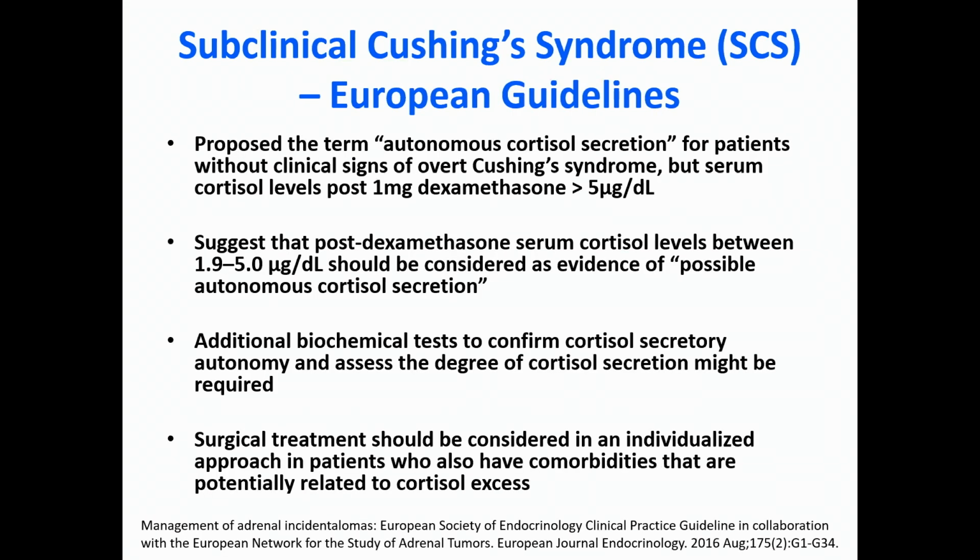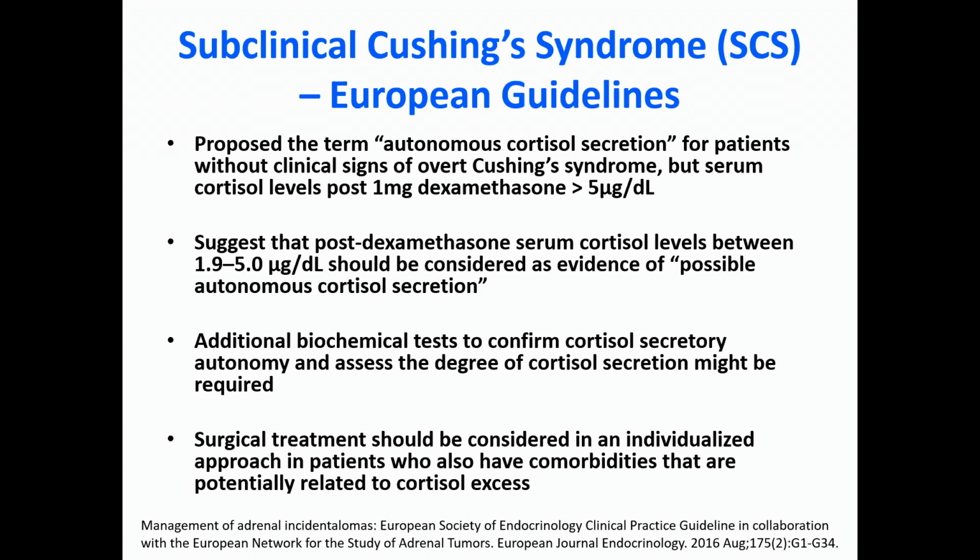And the European guidelines have a proposed entity. So they propose this term autonomous cortisol secretion for patients who don't have signs of overt Cushing's, but their serum cortisol levels after the 1 milligram of dexamethasone is still greater than 5 micrograms per deciliter. And they suggest the diagnosis of possible autonomous cortisol secretion if their post-dexamethasone cortisol is between 1.9 to 5.0 micrograms per deciliter.